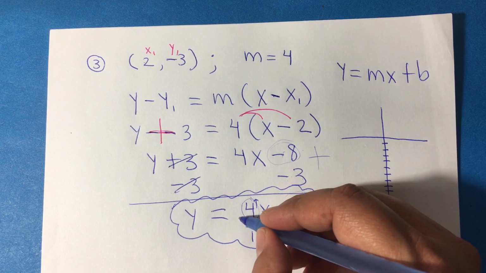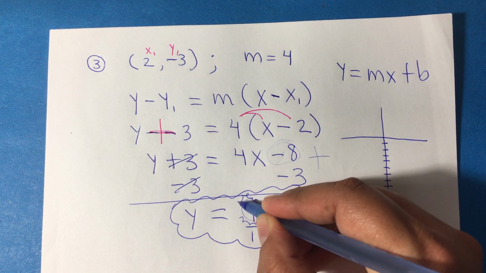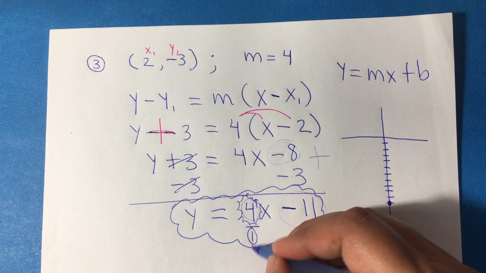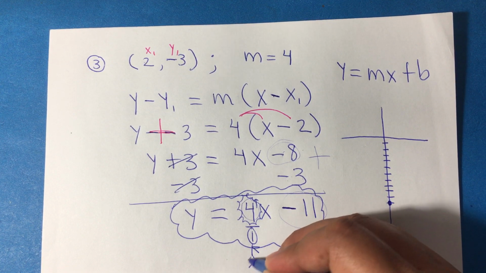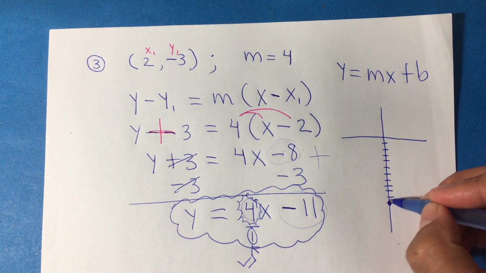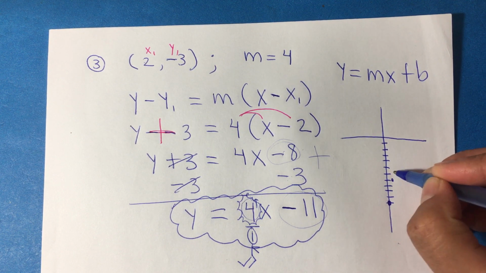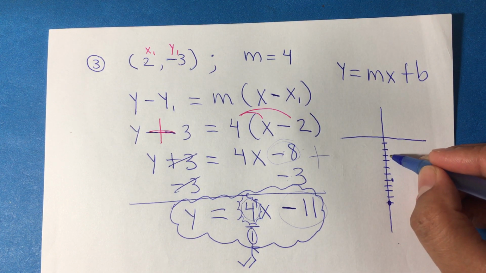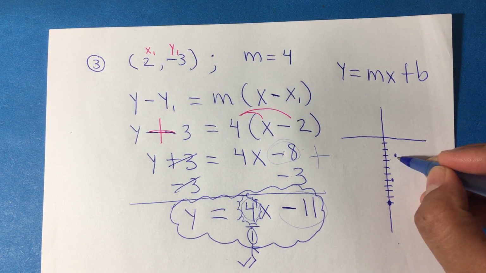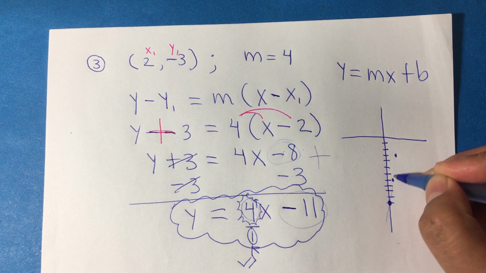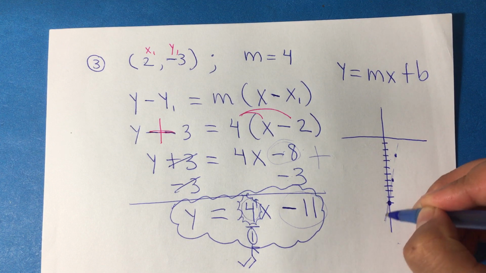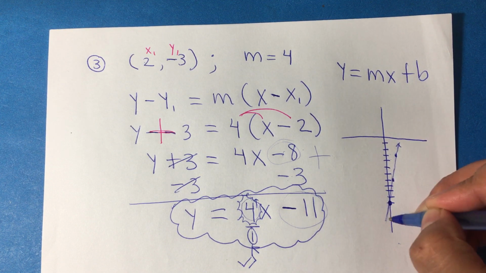The sun is positive, it goes up. The runner is positive, it goes to the right. So 4 spaces up and 1 to the right. And so on. And that will be my graph if you were asked to graph.